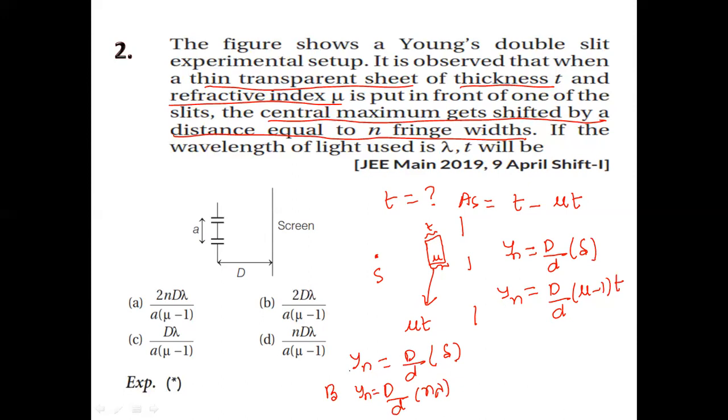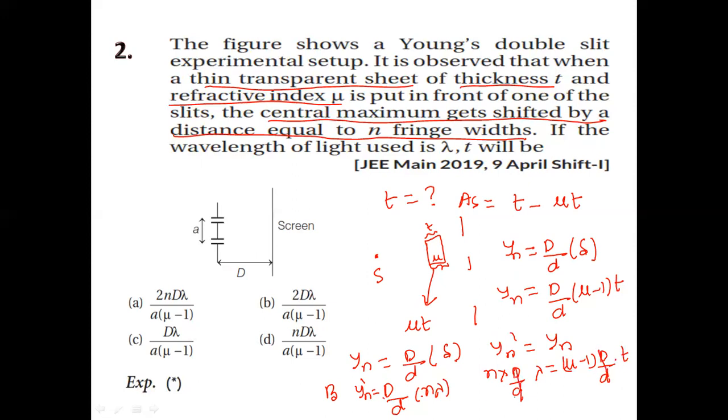So I will call this yn dash, and this yn. So yn dash is equal to yn, that is n times the fringe width, n times capital D by small d into lambda, is equal to mu minus 1 into capital D by small d into t.